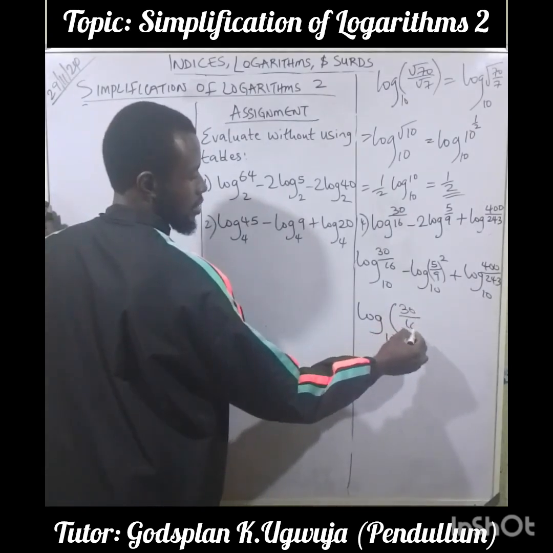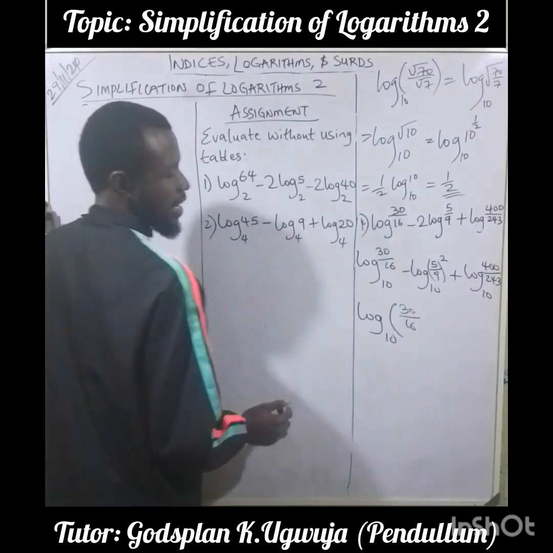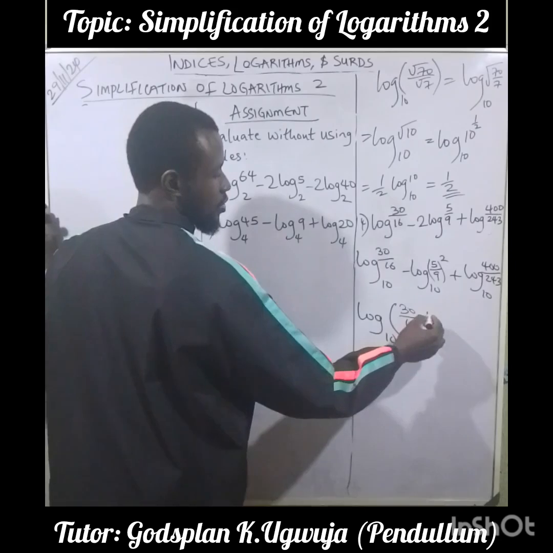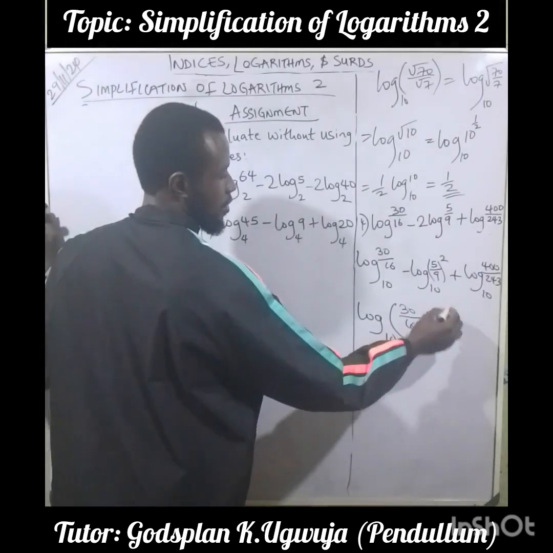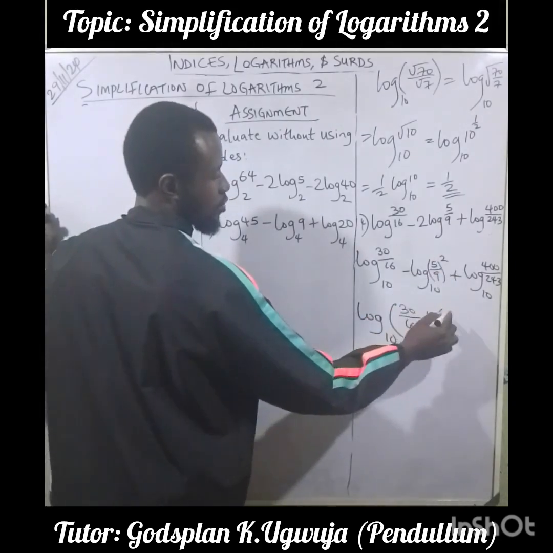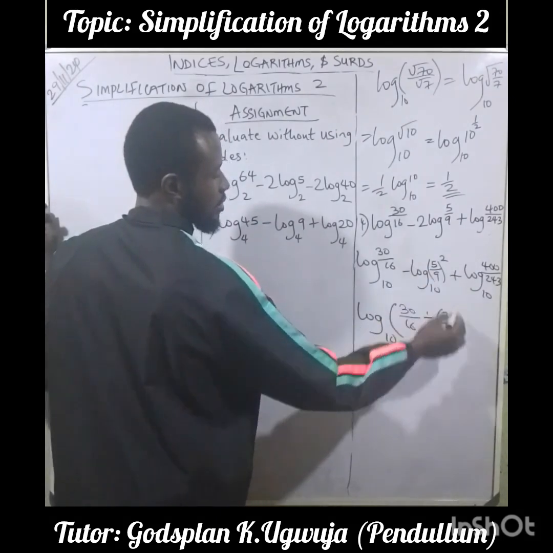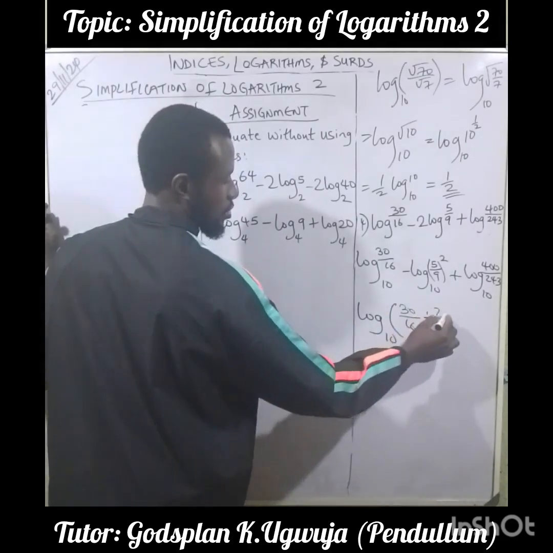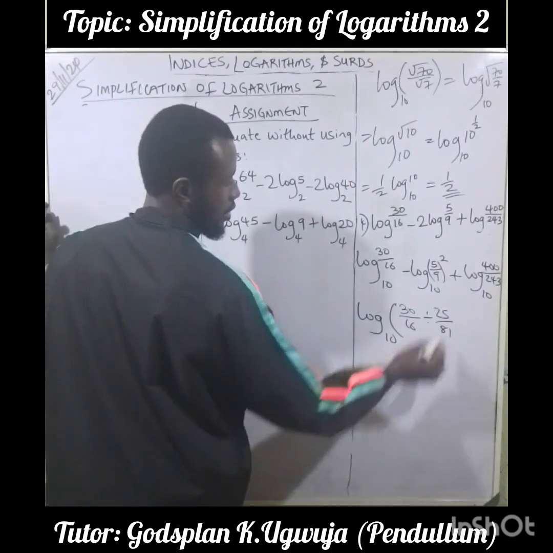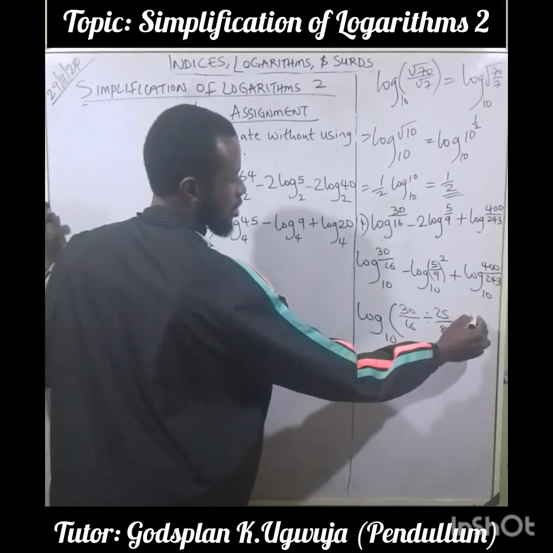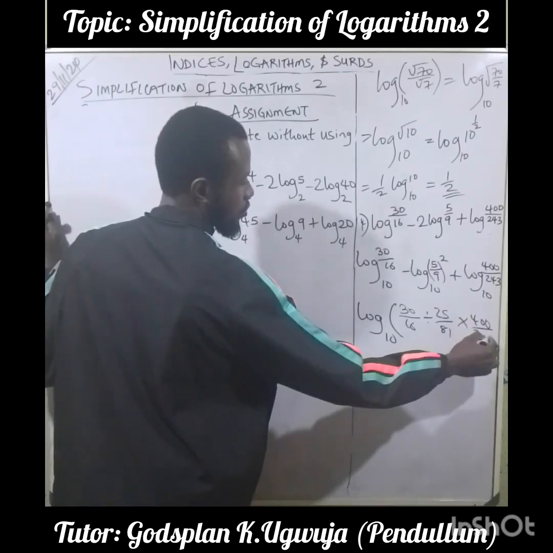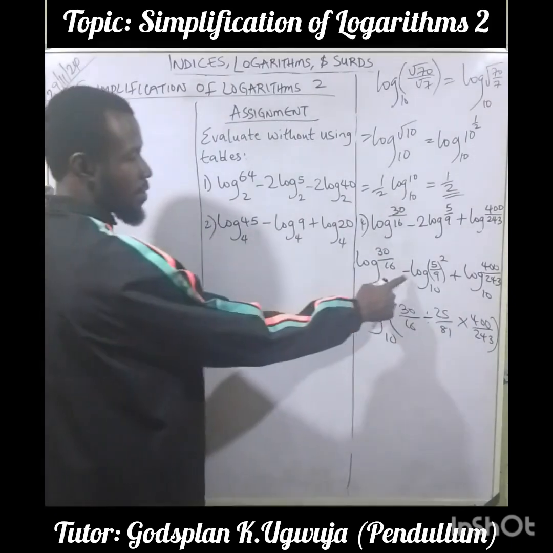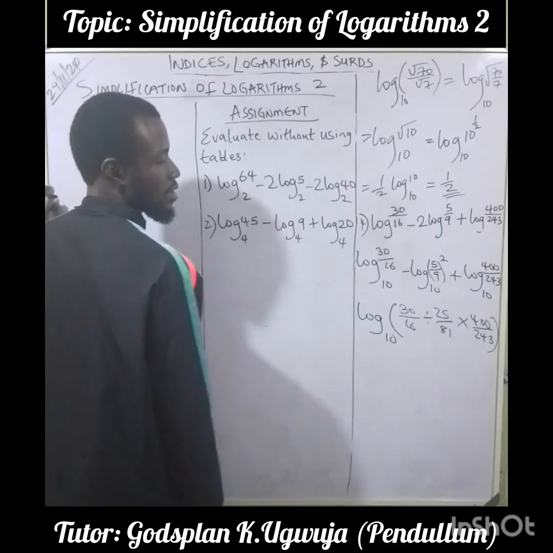30 over 16. Now this is minus that came first this time, which is division. So divided by 5 squared, let's just put it there. 5 squared is 25, 9 squared is 81. Let's just write it out once. Okay, then plus is times 400 over 243. Okay, so just remember, minus is division, plus is times.